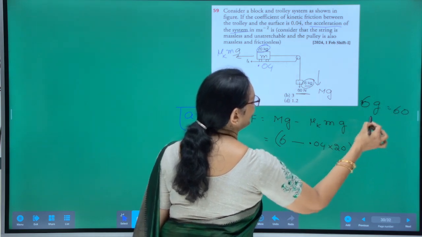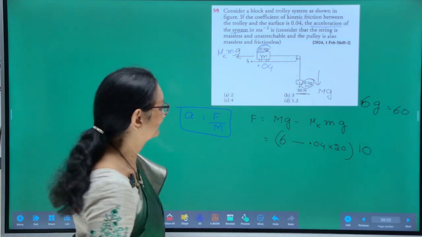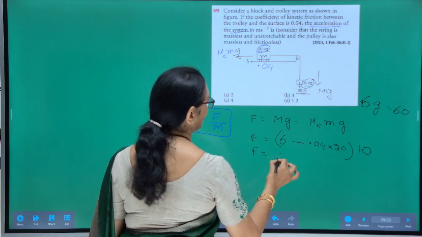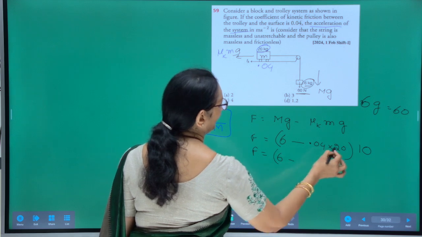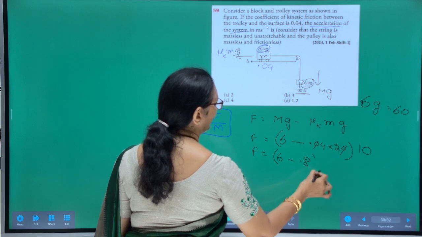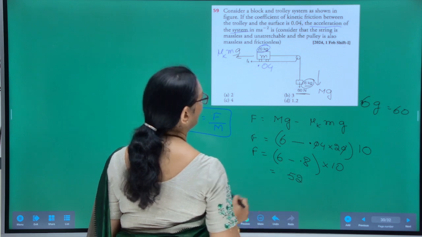So, from that g is given as 10 indirectly. Okay, that is the net force. So, net force is 6 minus 0.8 into 10. It is 52.